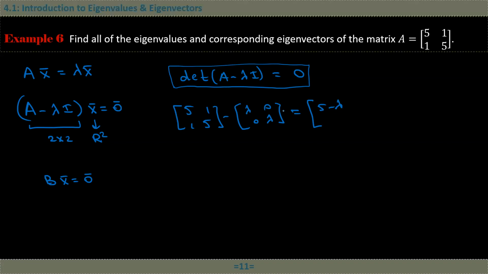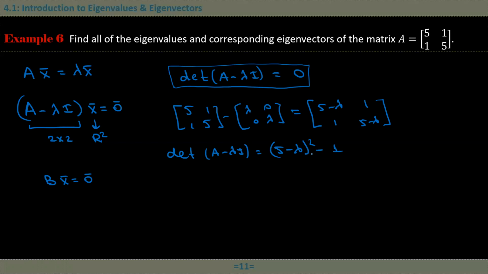Here we have 1 minus 0, it is 1. 1 minus 0, it is 1. 5 minus lambda, it is 5 minus lambda. So determinant of that thing, right? Then A minus lambda I is just 2 by 2 matrix. What is it? 5 minus lambda times 5 minus lambda, that's squared, minus 1 times 1.